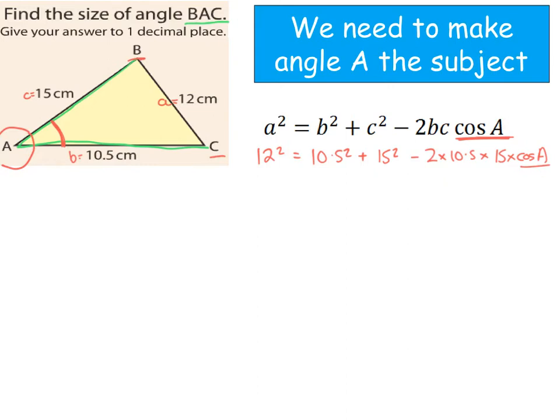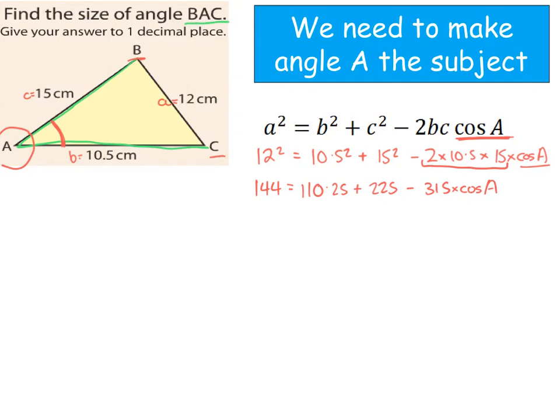So for example, that would be 12 squared is 144, 10.5 squared is 110.25, 15 squared is 225, and then minus 2, we can work out just this part here, 2 times 10.5 times 15, and that bit would give me 315, and it's multiplying cos of A. Then we just have an equation, and we can solve to find out what A is.